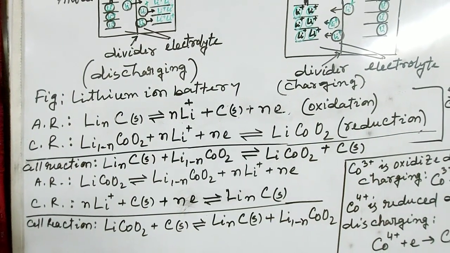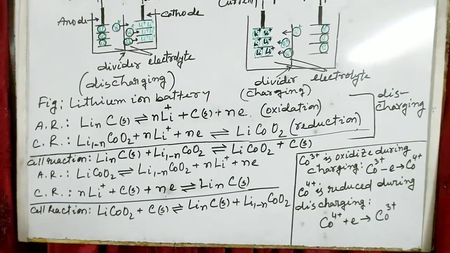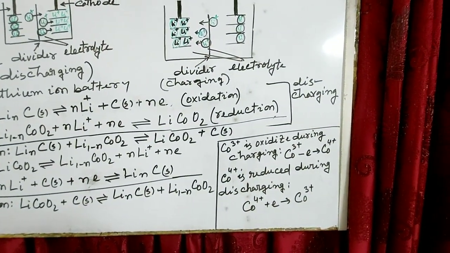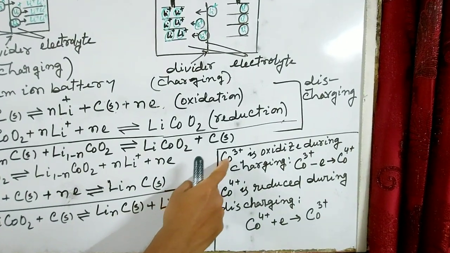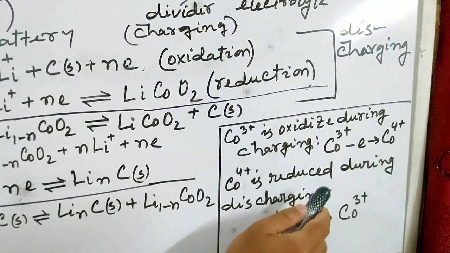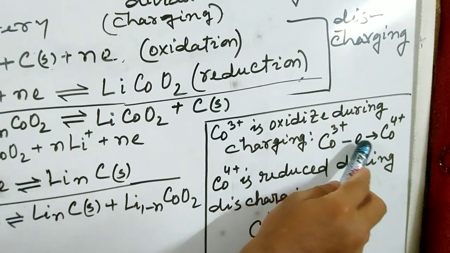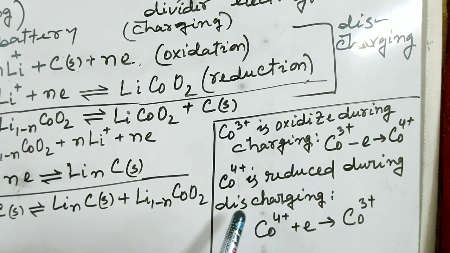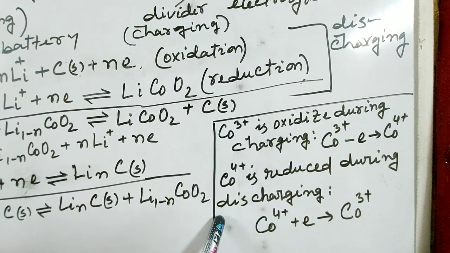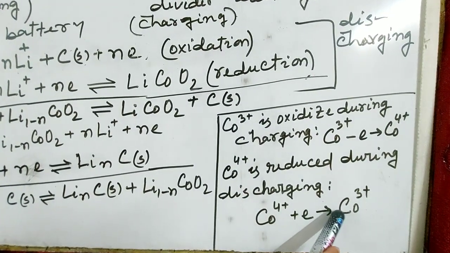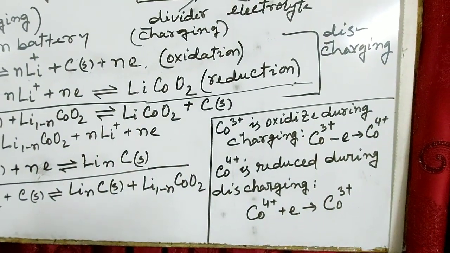Actually, during the charging, cobalt 3 plus ion is oxidized and releases an electron to form cobalt 4 plus ion, and during the discharging, cobalt 4 plus ion accepts an electron to form cobalt 3 plus ion.